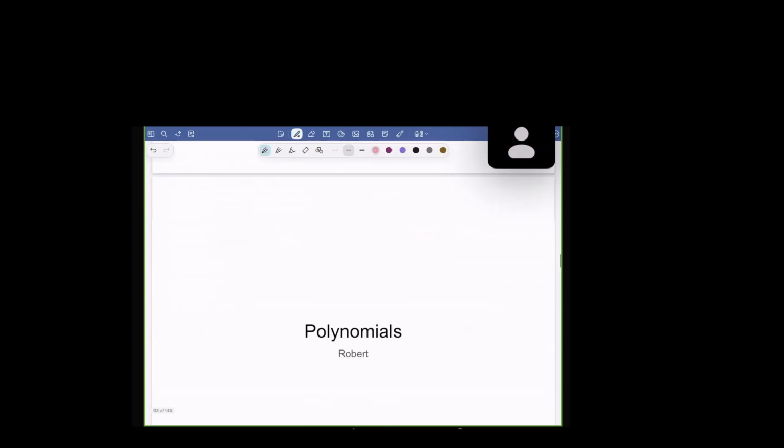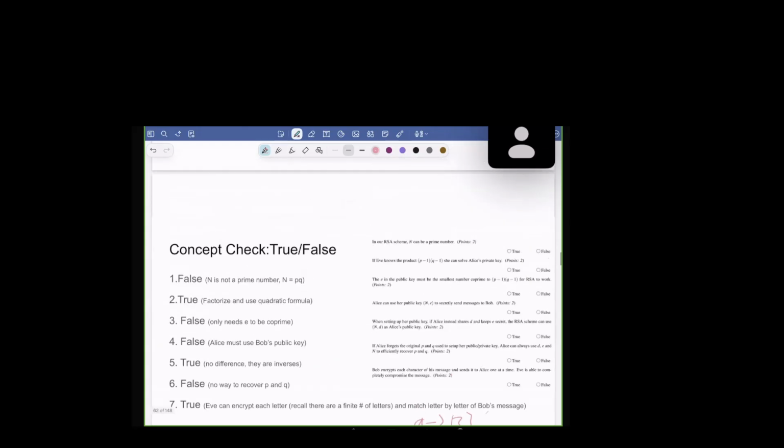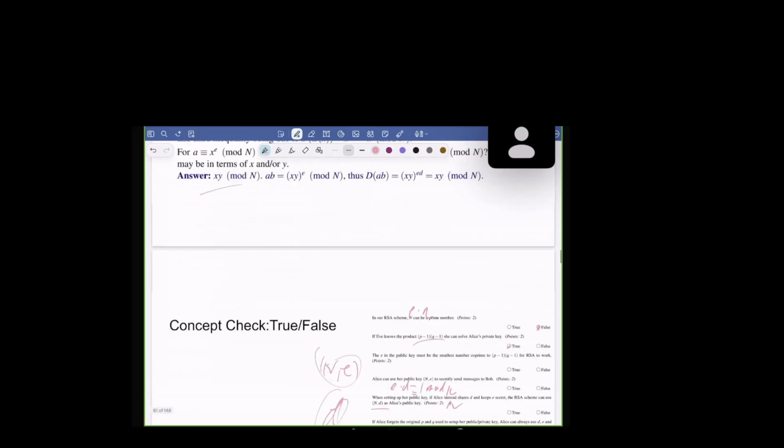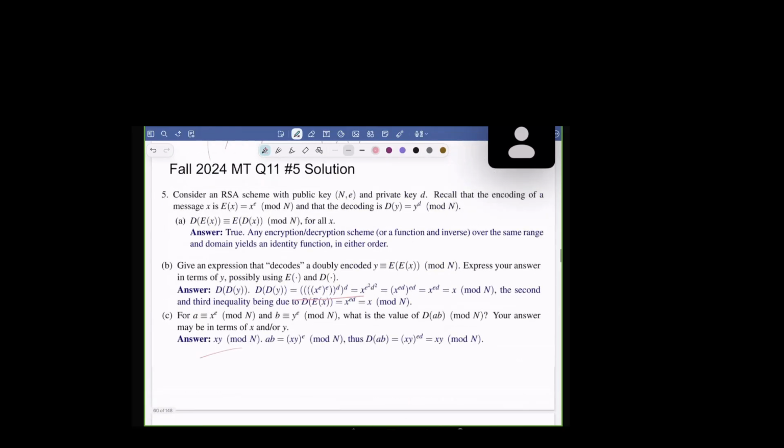Cool. Any questions at all on RSA before I jump to polynomials? Or are we all good with it? Cool. Do you think it's probable that they'll make us run an RSA scheme on the exam? I think it will be more conceptual, like this question. I don't think you have to run an RSA scheme itself.